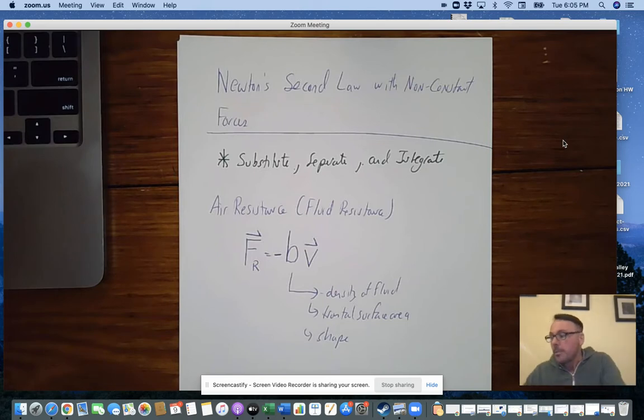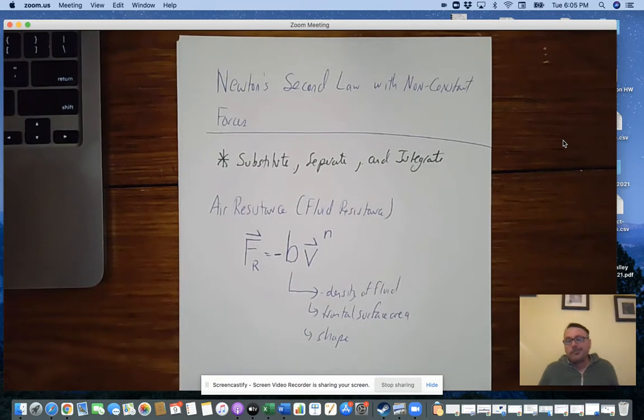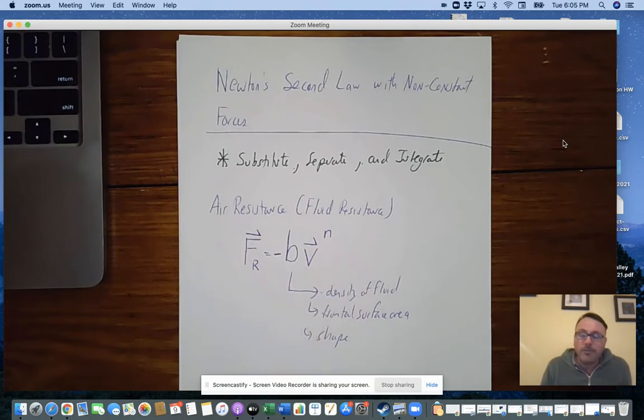And then what we're going to do is we're just actually going to put an n here because in weird situations, specifically when you have highly viscous fluids, sometimes this speed or this velocity is raised to a power, whether it's 1.5 or 2 or 1.7, whatever it is.